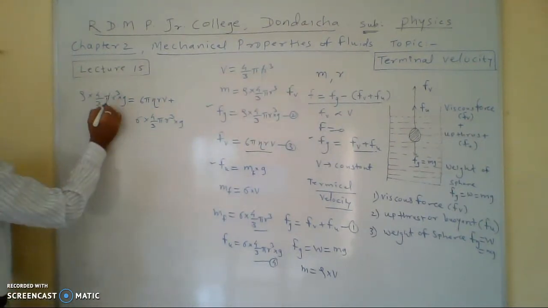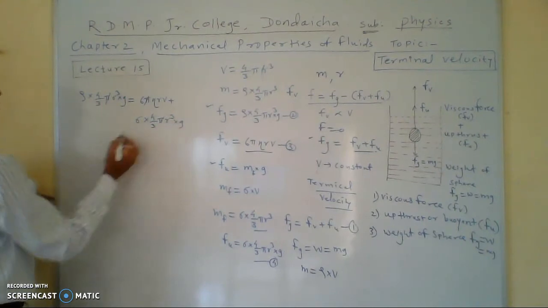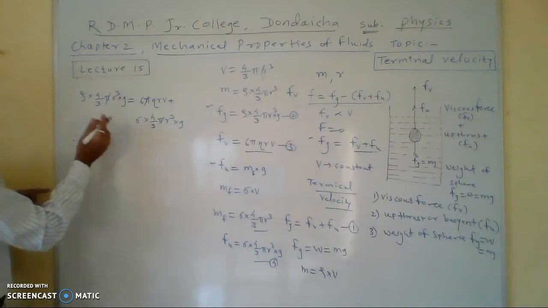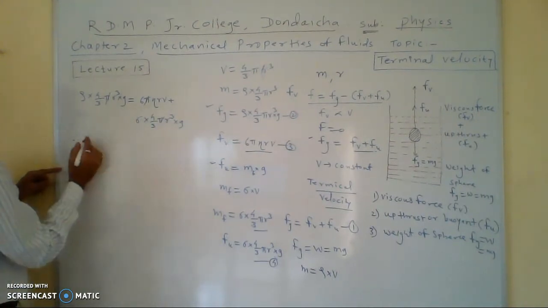Now here this pi will get cancelled on both sides, and let us simplify this equation to find v.